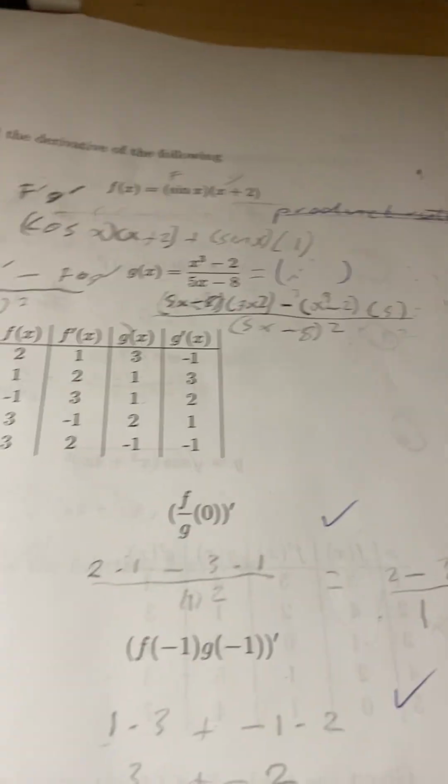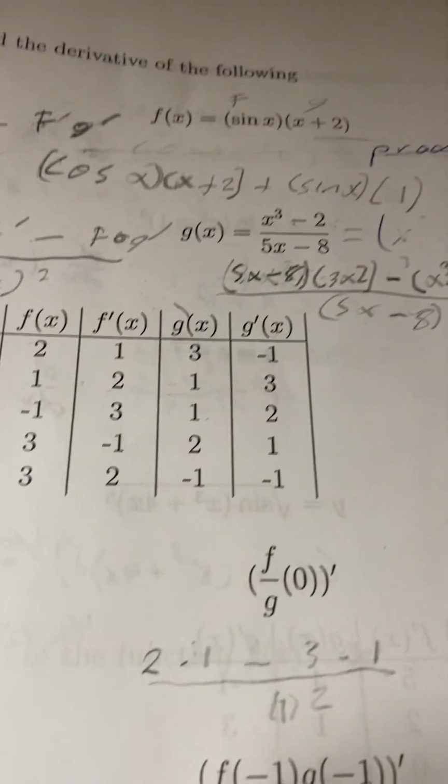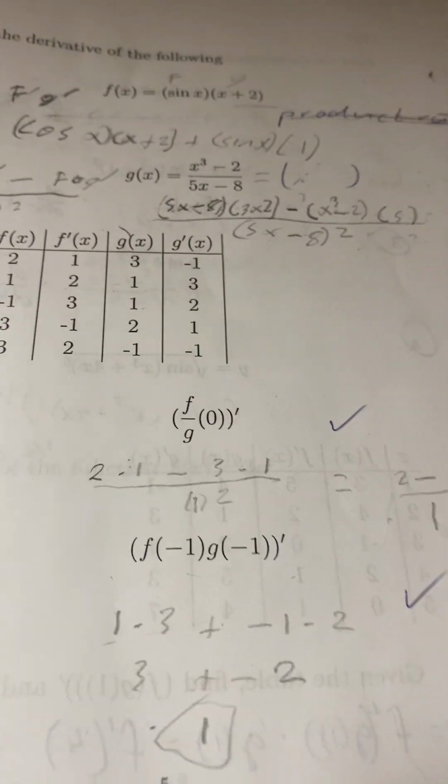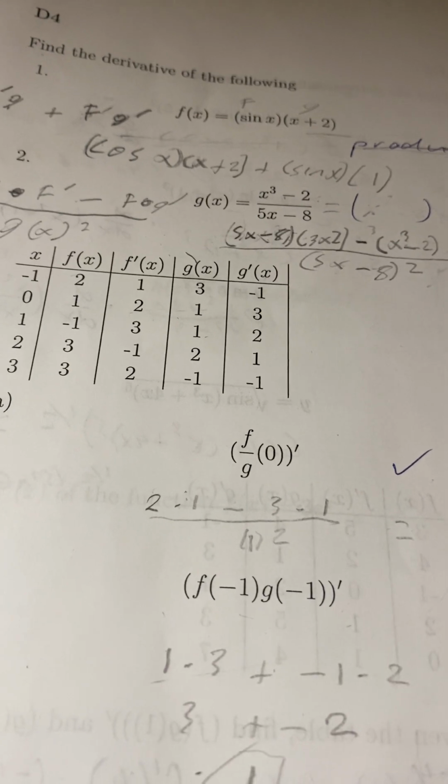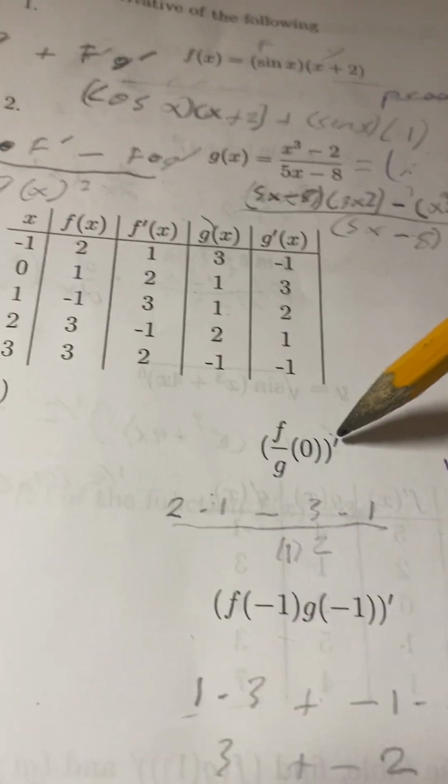And then over here in number 3, we have A, which is asking us the same thing for the quotient rule: g times f prime minus f times g prime over g squared. We want 0.